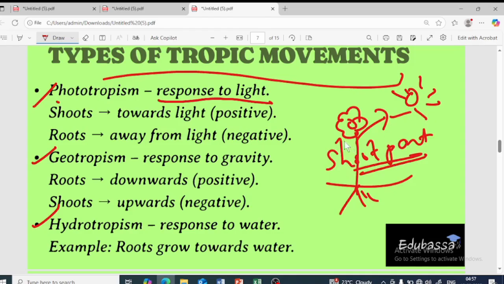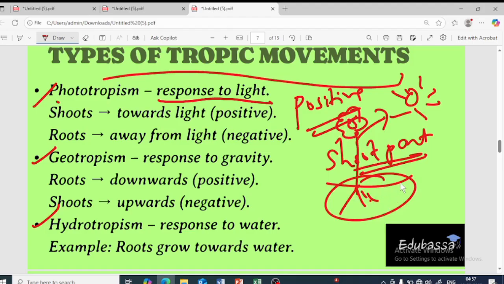So that shows phototropism. Since it is always facing towards the light, it shows positive phototropism. Now talking about the root, it doesn't bend towards the light, so it shows negative phototropism.